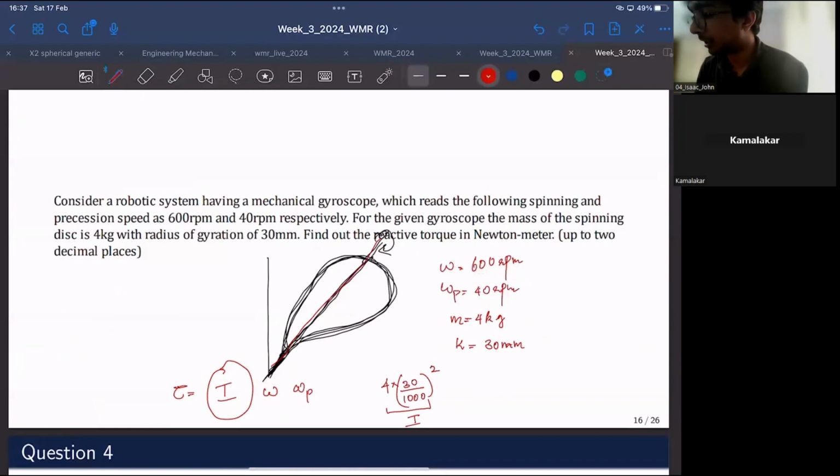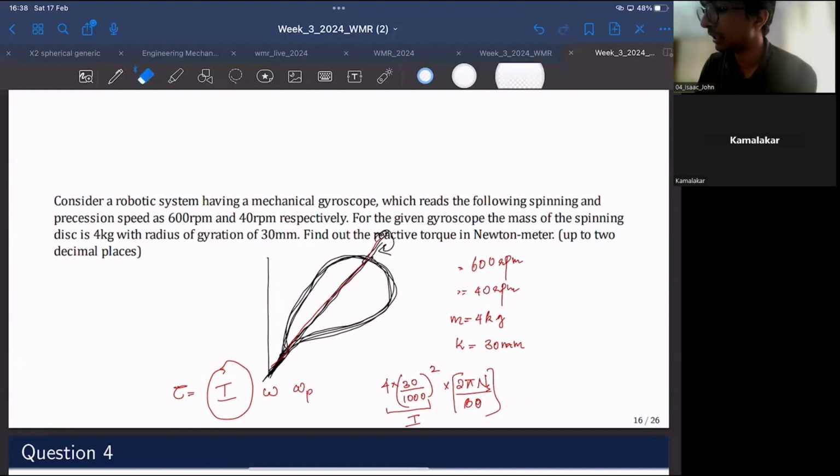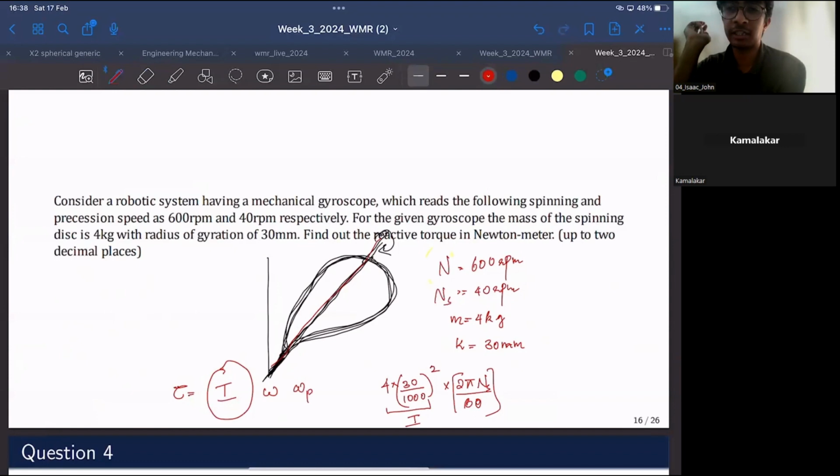So RPM to radians per second is 2 pi multiplied by the speed of rotation divided by 60. I think I may have made it even more confusing. Whatever is given in the question is not exactly angular velocity, it is RPM. The spinning speed and precessional speed are given as RPMs, not as angular velocities.